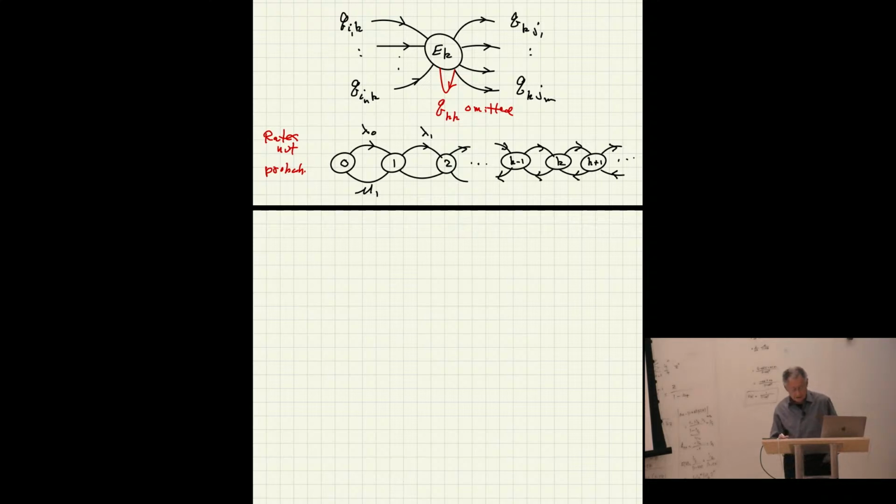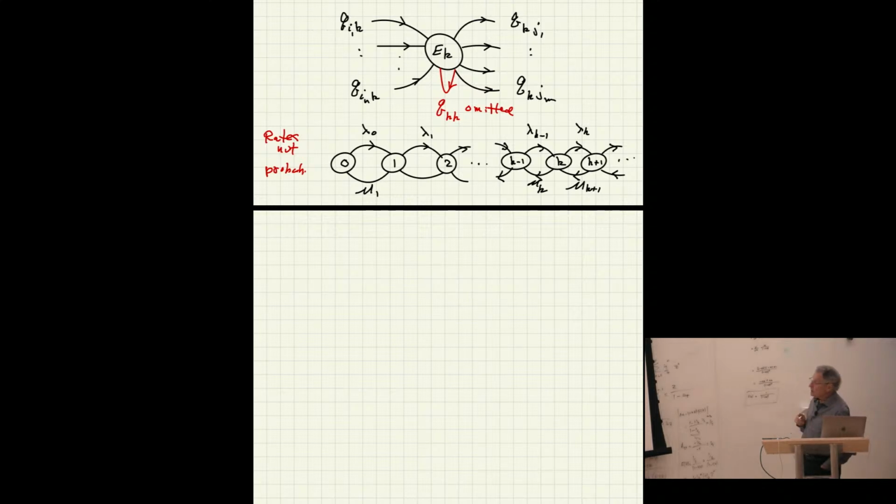Okay, now let's look at state K. I can go into state K from the state below at a rate lambda sub K minus 1. I can go out of state K by going up at a rate lambda K, or going down at a rate mu K. I can enter from above at a rate mu K plus 1. So that's pretty much the full description.